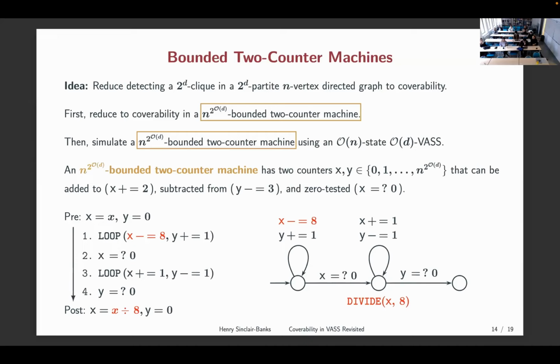I'm a bit confused. Okay, please go ahead. Somehow this machine has already been defined in the literature. Oh yeah, there's nothing original about this machine. And actually the simulation result that goes from this machine to VASS is also very old. So I have a feeling that this will be done. Okay, we talk more.